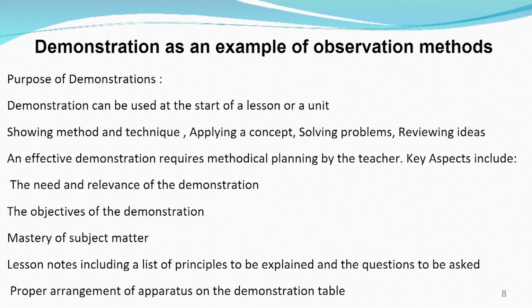So as we go to the next method, demonstration, we choose observation as an example that lies under the category of demonstration. So what purpose does demonstration serve, and what makes a demonstration effective? For example, a demonstration helps us to apply a concept, to solve a problem, to review ideas.